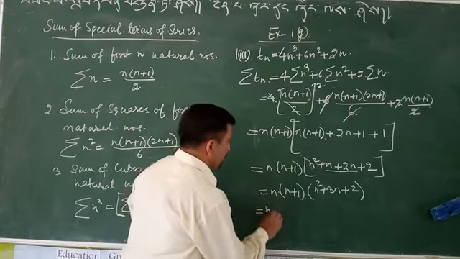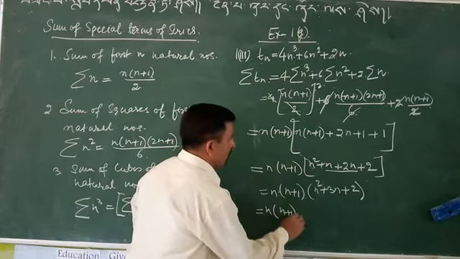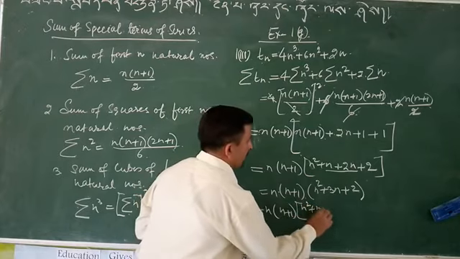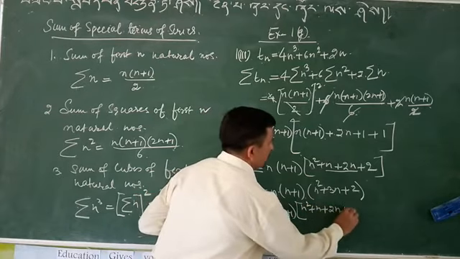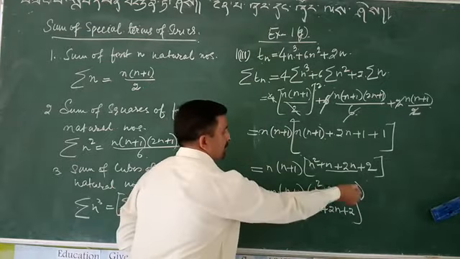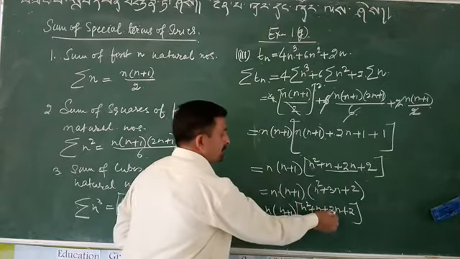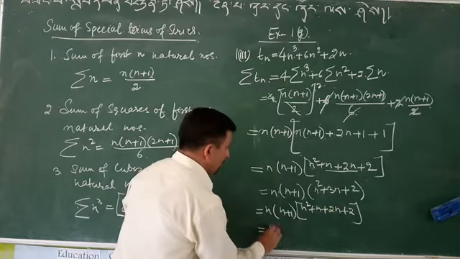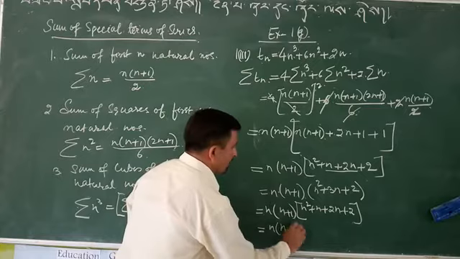And therefore, n into n plus 1 as it is, and this will be written as n square plus n plus 2n plus 2. This is factorized. The product of this and this is the same as the product of the first and the last term, and the sum of these 2 is also equal to the middle term. And therefore, n into n plus 1.